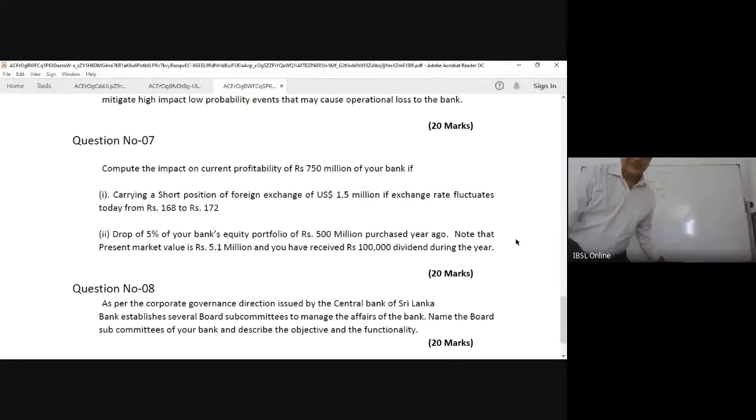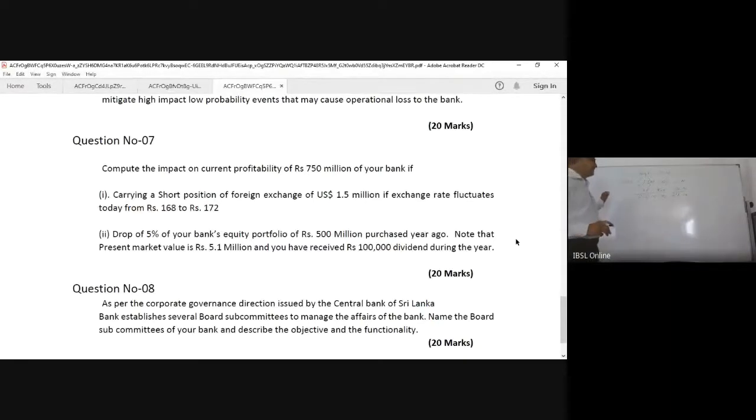And it says the rate may change to 172. So if you have 1.5 million, this will be a debit balance because we have a short position, and the rate is 172. Then 172 times 1.5 will be 258 million.